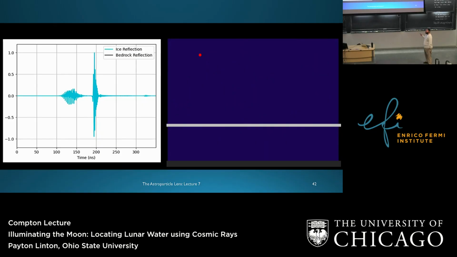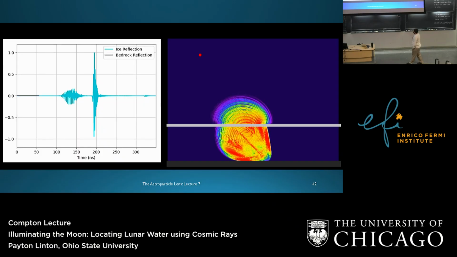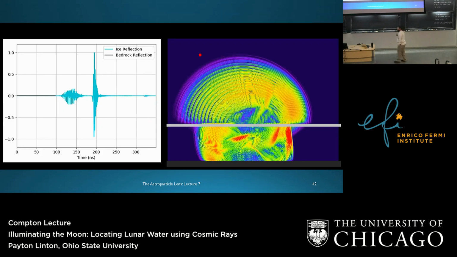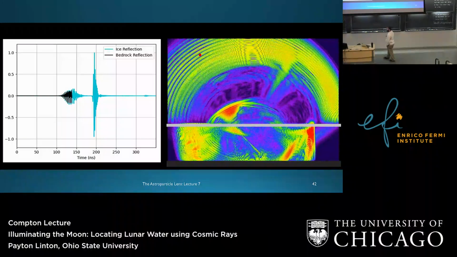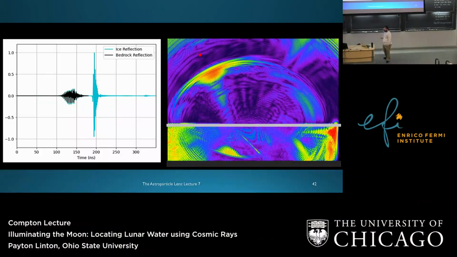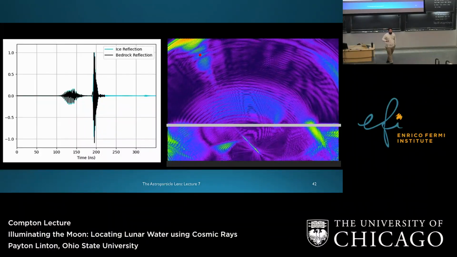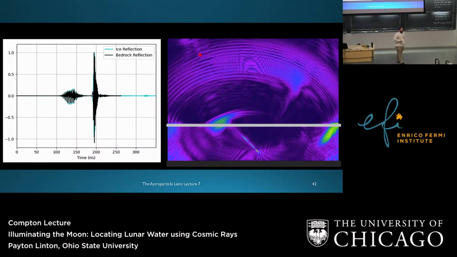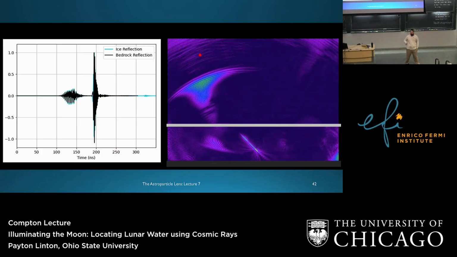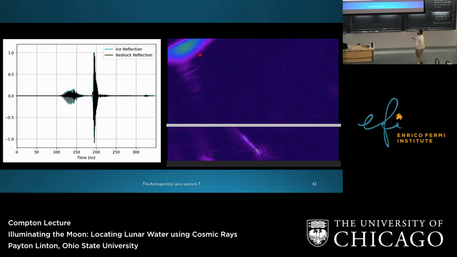Let's do the same simulation, but instead replace that ice layer with rock, right? And so everything about it is the same. We get a reflection, it refracts through, it goes up, we detect it at our detector, and from this point of view, it looks identical, right? So at this point, you might be saying, so we can't actually tell the difference, this is useless, right?